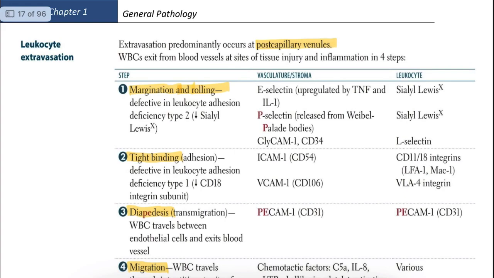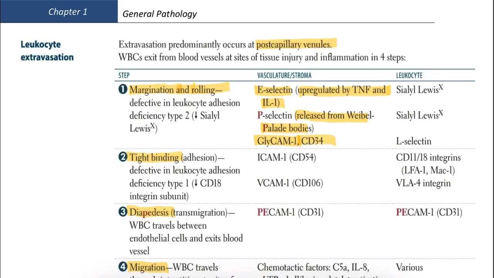You can see here E-selectin is upregulated by tumor necrosis factor and interleukin 1. Next, P-selectin. This P-selectin is released from Weibel-Palade bodies, and we can see GlyCAM-1 and CD34.